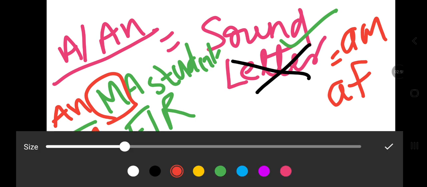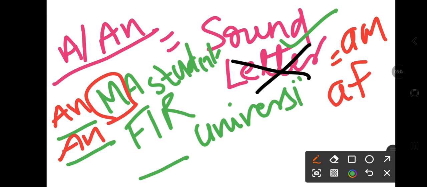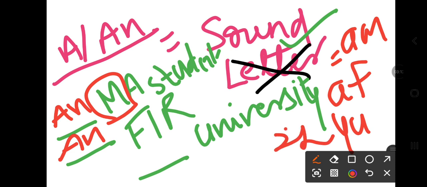Let us see the third example, university. When we say university, it starts with the sound "yoo", a consonant sound, and that's why it is a university.